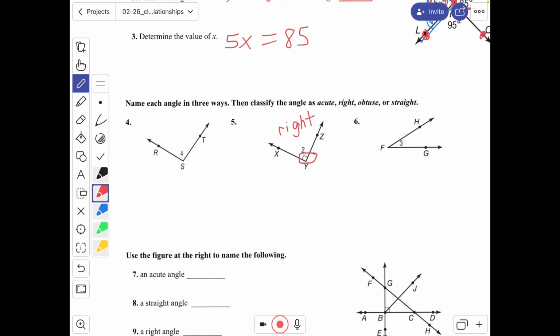So you might need to use this corner of your paper to see if number 4 is actually right, if it's acute or obtuse. And you also need to name it in 3 ways. So angle RST, angle TSR, notice the vertex is in the middle, or it could be angle 4.